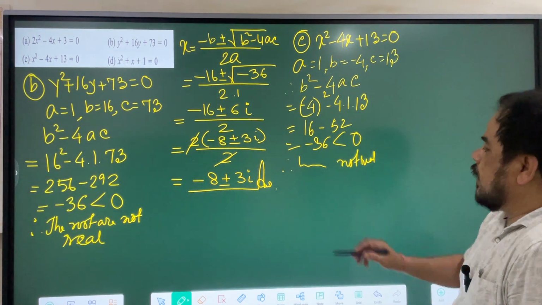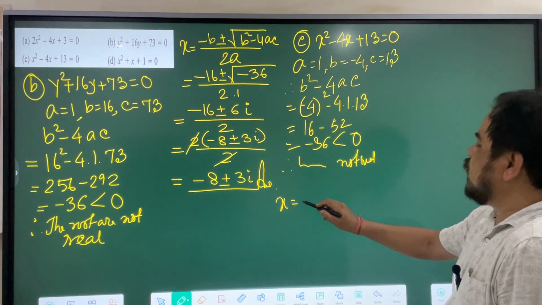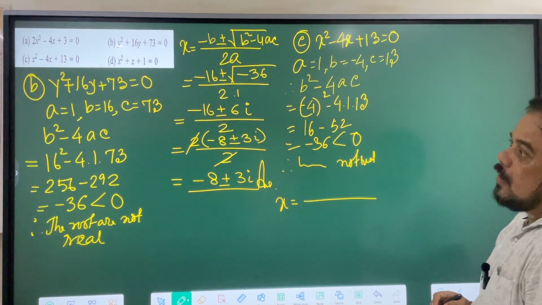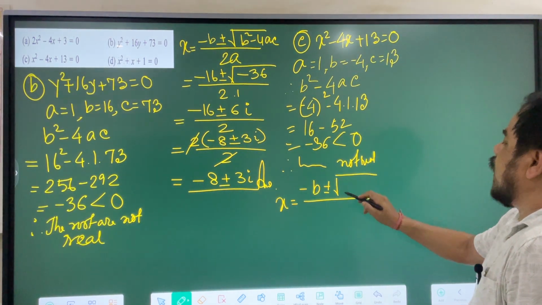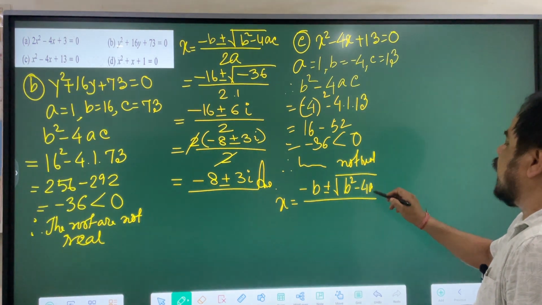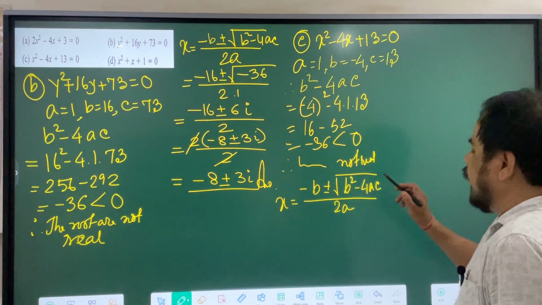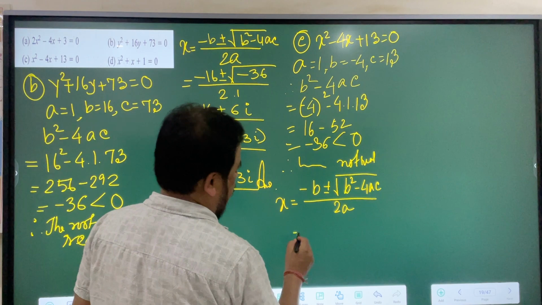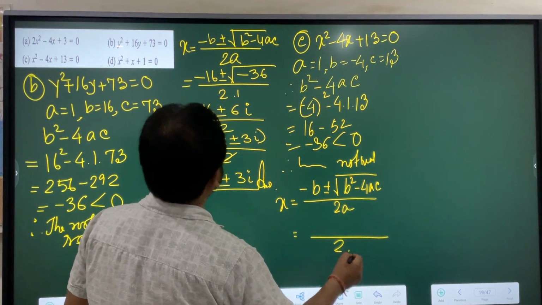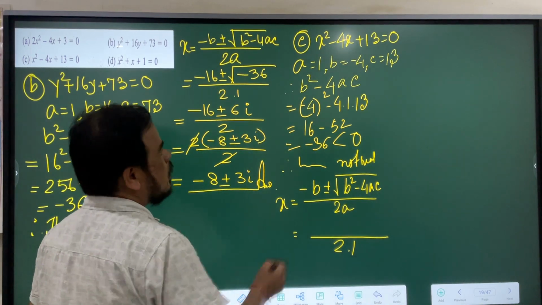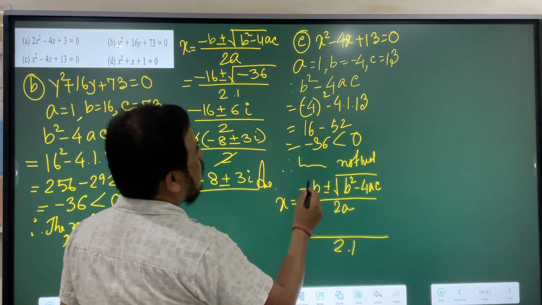Now we will find the value of x, means we are going to solve the equation. Minus b plus minus square root of b square minus 4ac by 2a. Let us do the calculation. 2 into A, A is 1. B is minus 4.